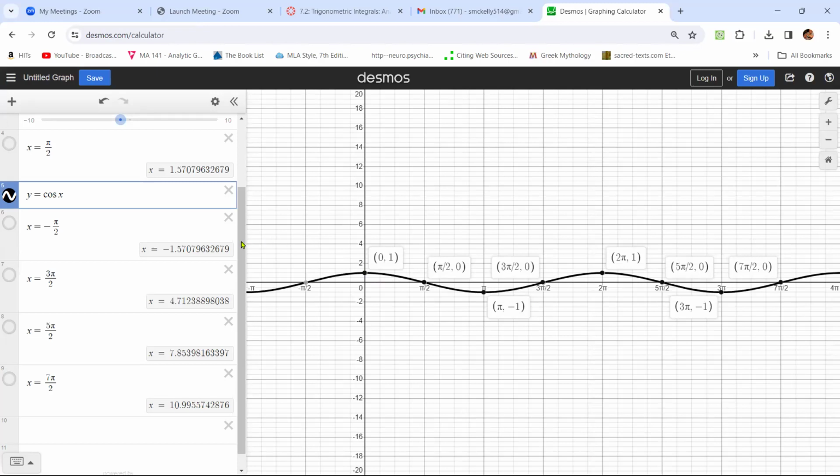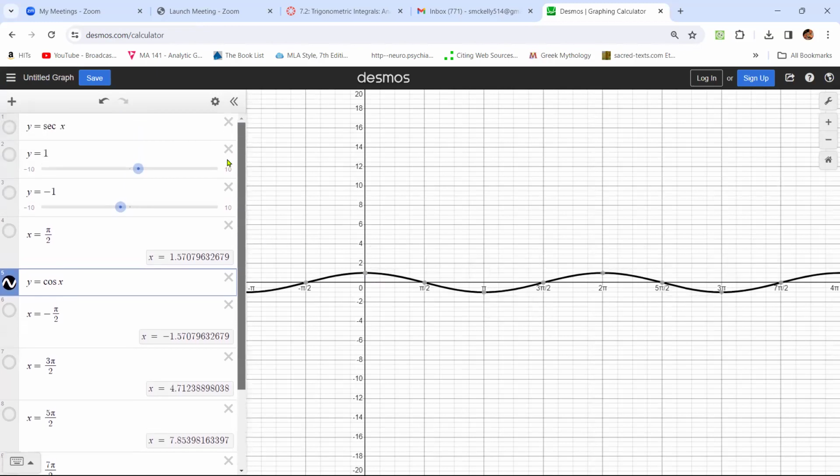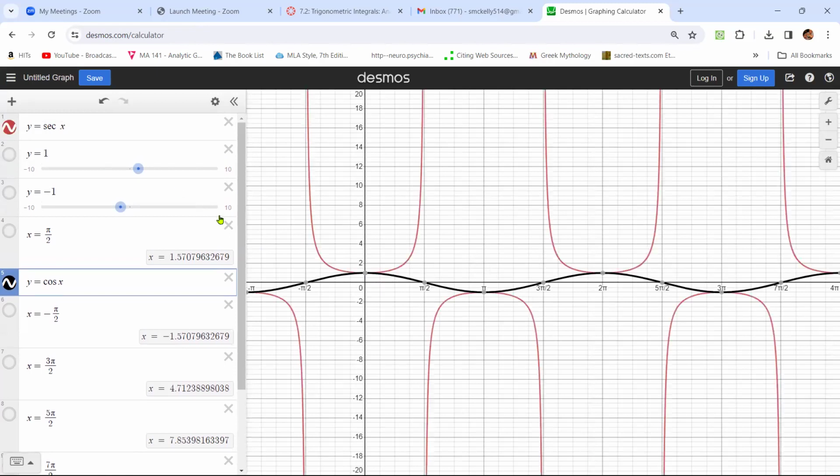So if I go back now and turn on the secant graph for you, there's the secant. And we can see that at 7 pi over 2, cosine has a 0, secant has an infinity, okay?